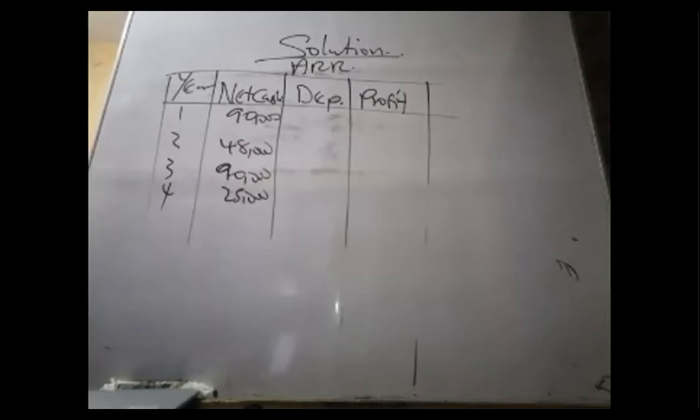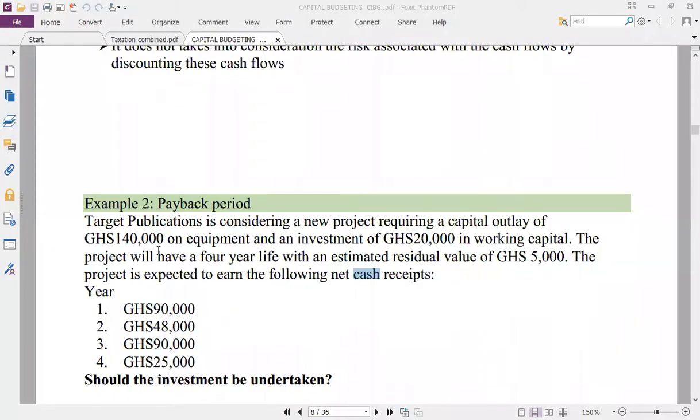So let's go to the question and calculate our depreciation. The asset was acquired for 140,000, right? Depreciation is just the cost of the asset, 140,000, less the scrap value of 5,000, and then we divide by the project life.